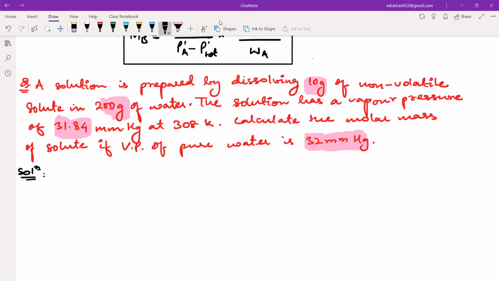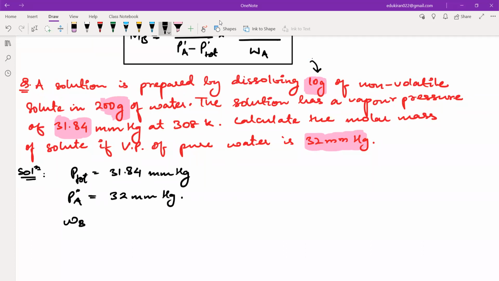So you have got a few things. P total is given. That means P solution is 31.84 mm of Hg. The P naught A for solvent is also given, 32 mm of Hg. They have also given you WB, the amount of solute in solution, 10 gram, and WA is also given, that is equal to 200 grams.